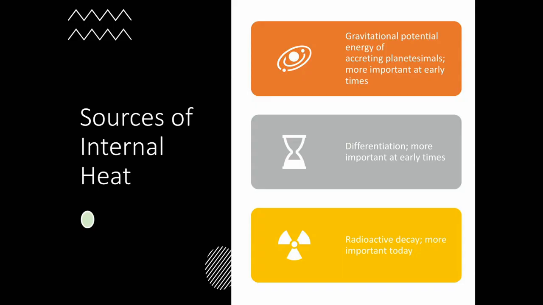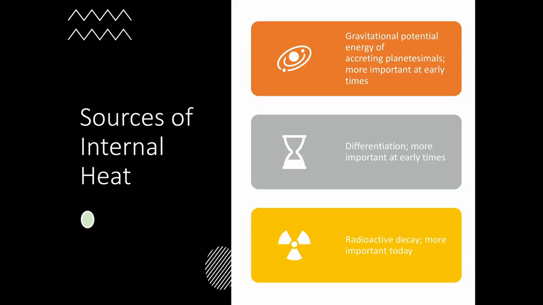Next, your planet is made of these different densities of material, and the denser objects want to go towards the center of your planet, and the less dense objects want to be on the outer part of your planet. And so there's going to be some energy associated with the denser things moving towards the center and the lighter things floating towards the top.